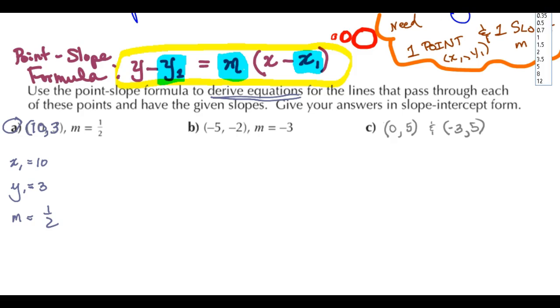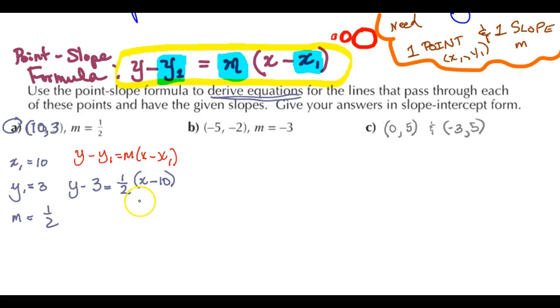Let's rewrite our formula. y minus y1 is equal to slope times x minus x1. Plugging in, we'll have y minus 3 is equal to slope of 1/2 times x minus 10.